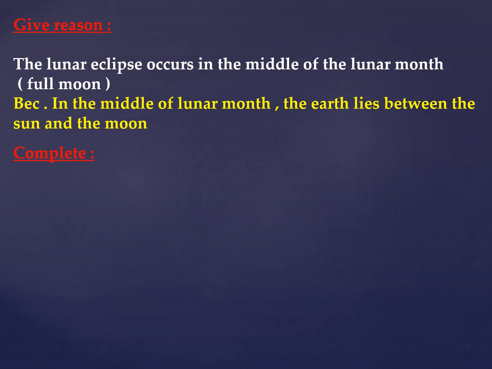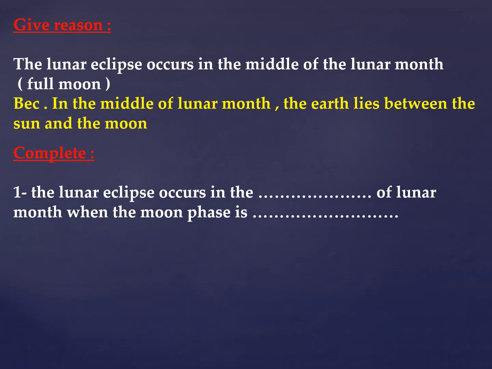Question number 2. Complete. Number 1. The lunar eclipse occurs in the blank of the lunar month when the moon phase is blank. The answer? The lunar eclipse occurs in the middle of lunar month when the moon phase is full moon.